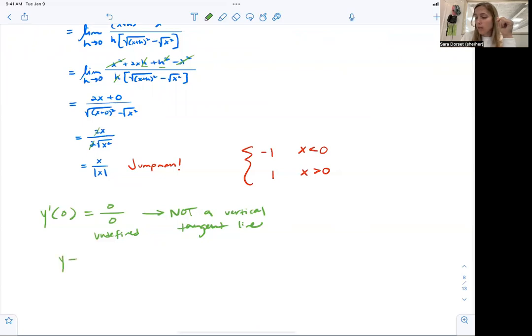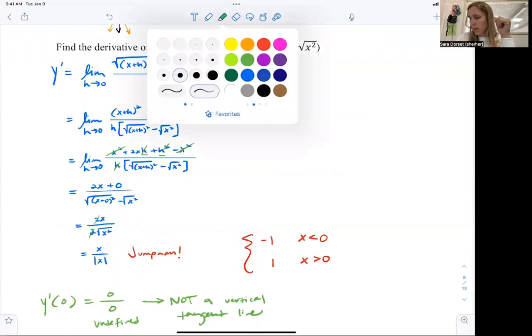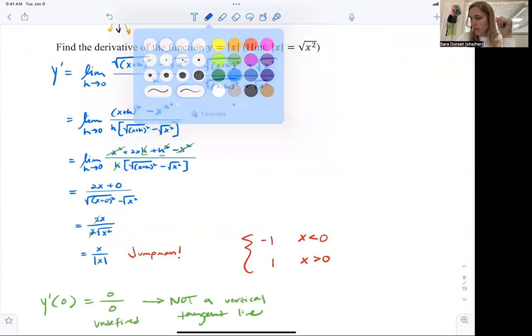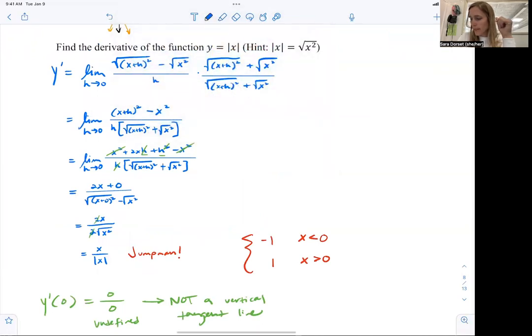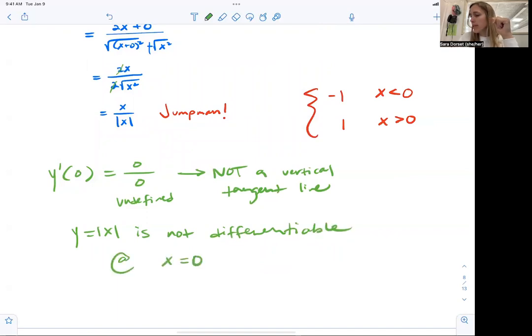What? Yeah. And I went forward with it being plus. It was just a whoopsies. So y equals absolute value of x is not differentiable at x equals 0.